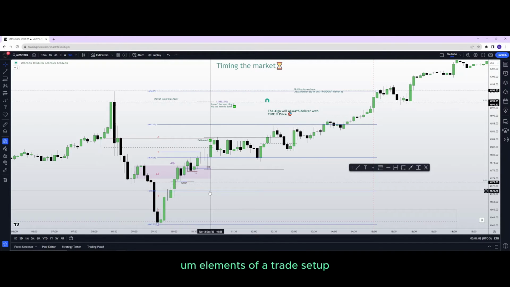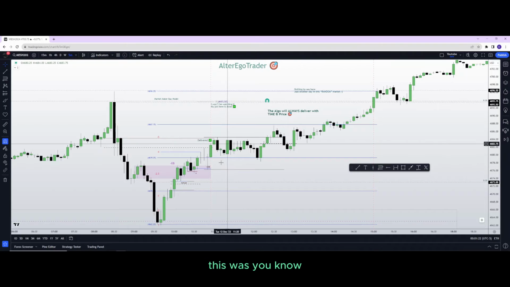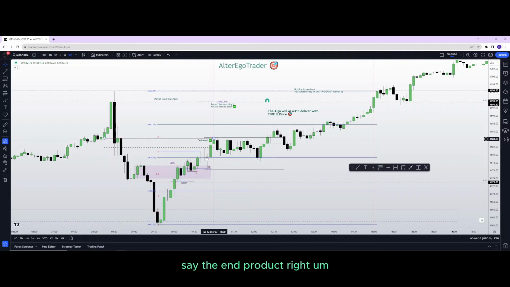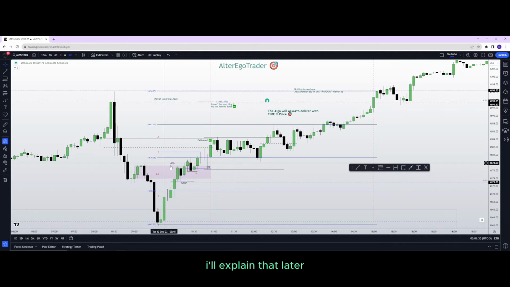Those are the elements of a trade setup, trade management, and risk management. That's what trading is, it's composed of all these things, and of course psychology. I would rather not hold through all of this. This was the end product. Price was just being held here, and I'll explain that later.